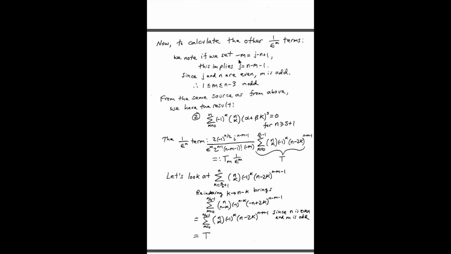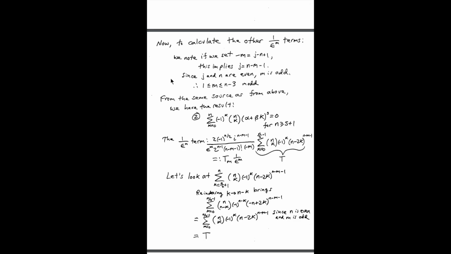So if we set minus m equal to this j - n + 1, this implies that j equals n - m - 1. And since j and n are even, m must be odd. Therefore, 1 is less than or equal to m is less than or equal to n - 3, where m is odd. And this m will be our exponent of epsilon in the denominator.